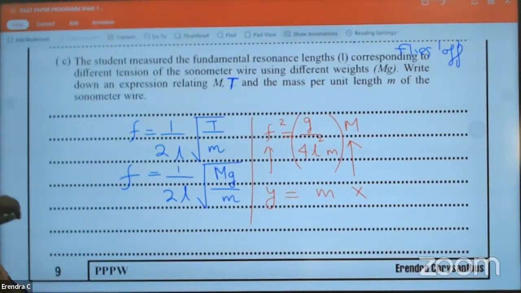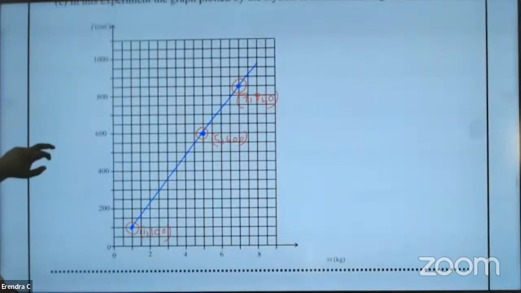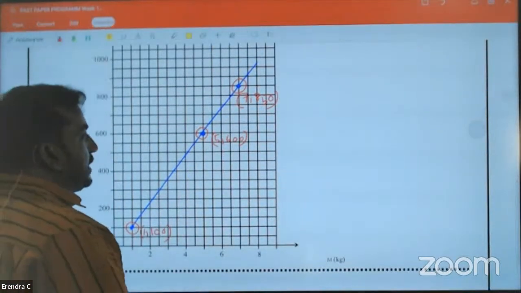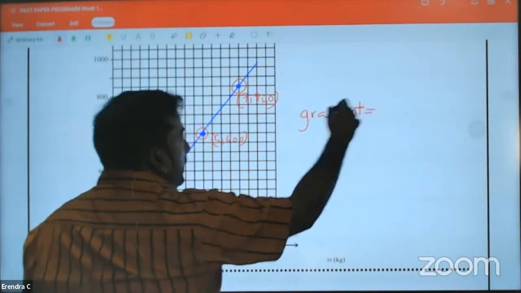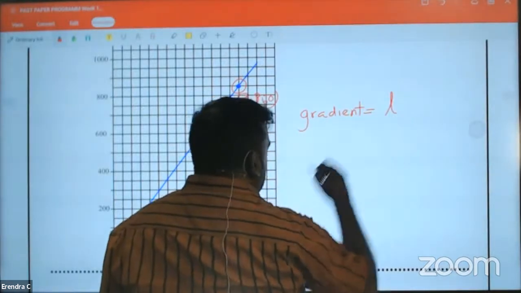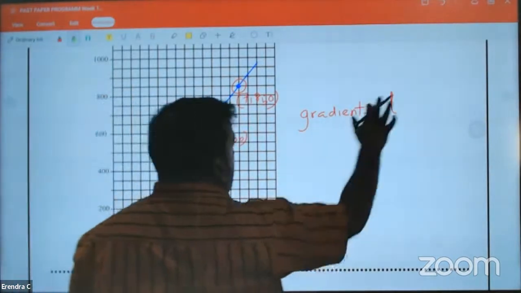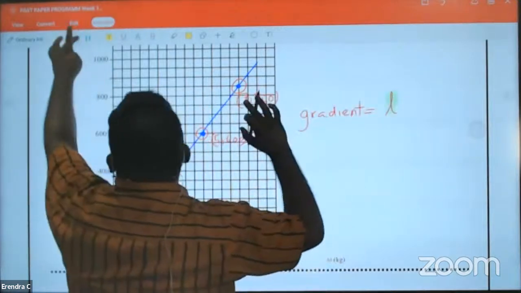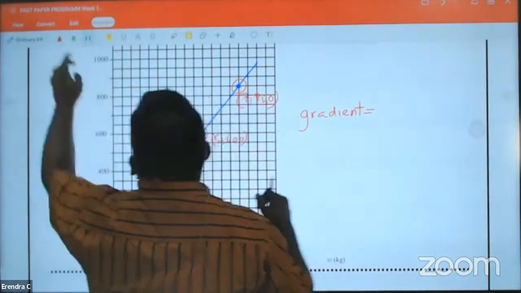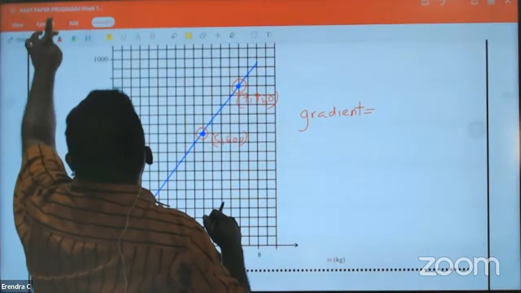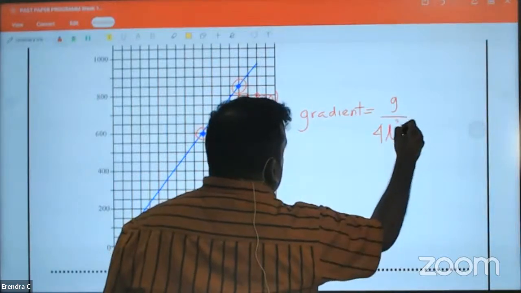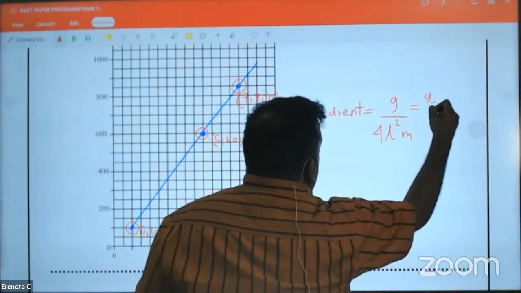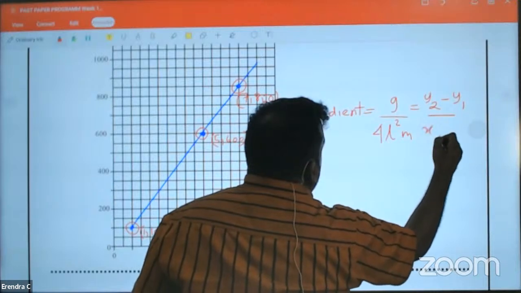Now, can you find the gradient here? I have found it now. How to find the gradient? Gradient is equal to g divided by 4L squared times small m, which is y2 minus y1 divided by x2 minus x1.